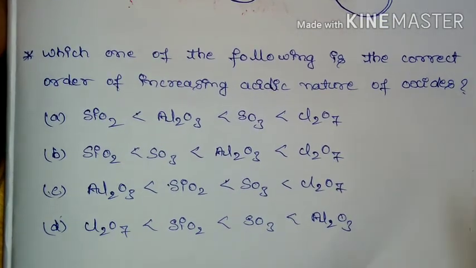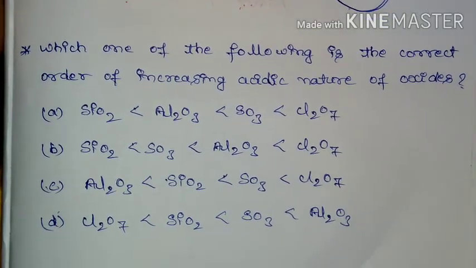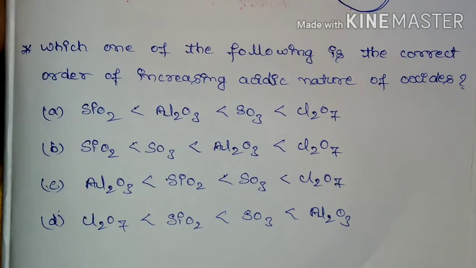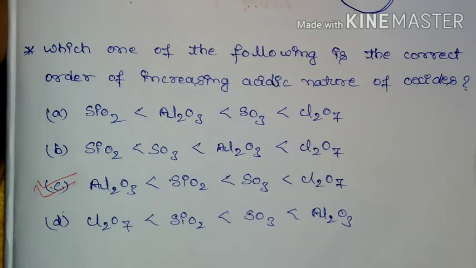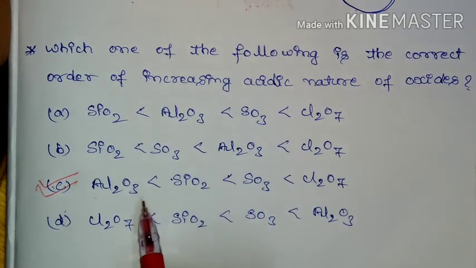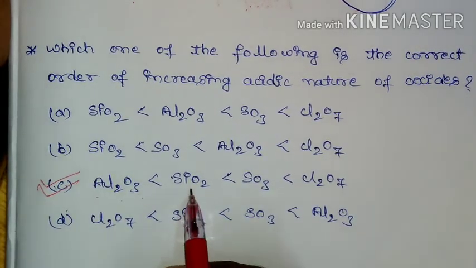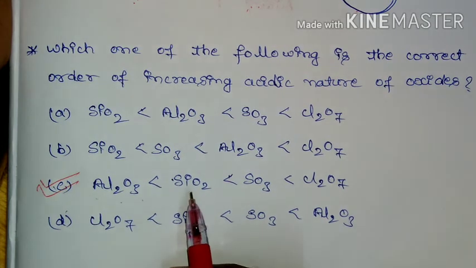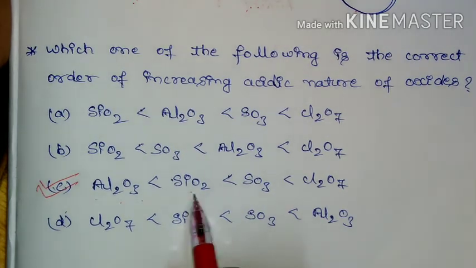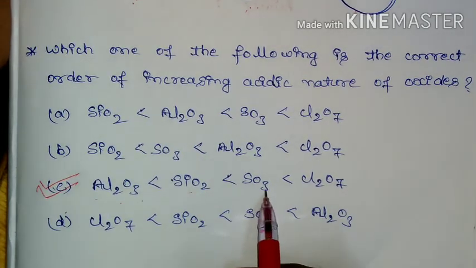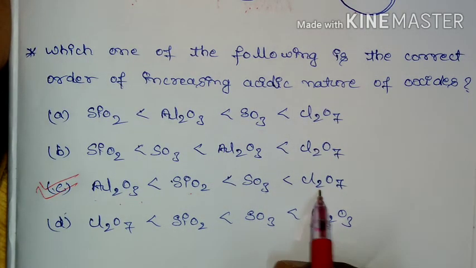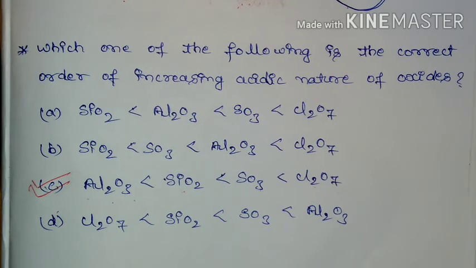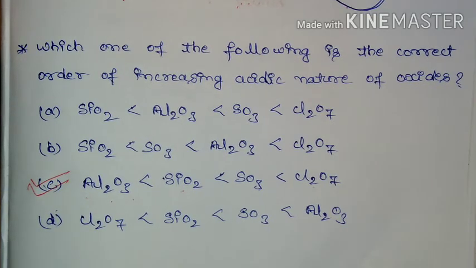Based on that approach, the increasing order of acidity will be option C. That is Al2O3 is less acidic compared to SiO2, SiO2 is less acidic compared to SO3, and SO3 is less acidic than Cl2O7. So this is the increasing order of acidic nature of non-metal oxides.